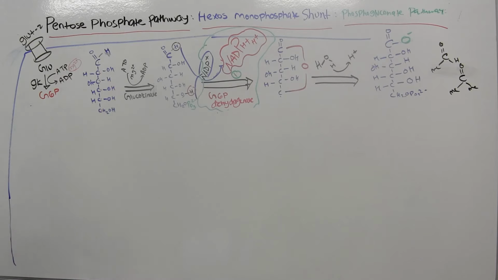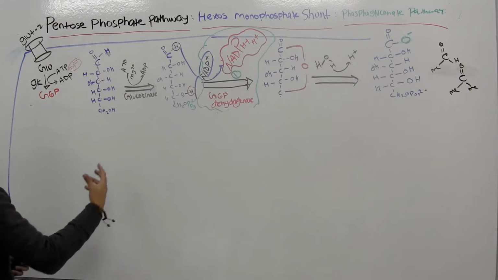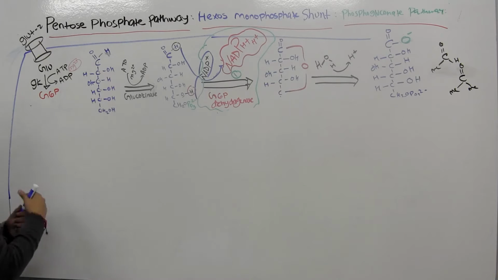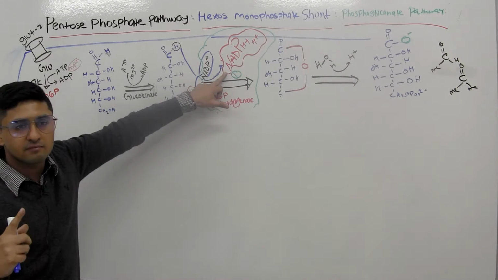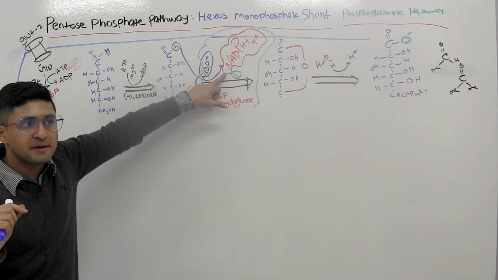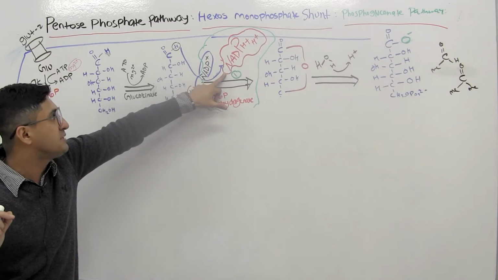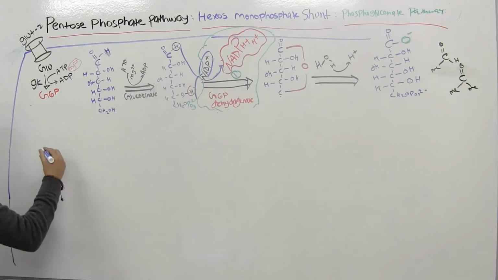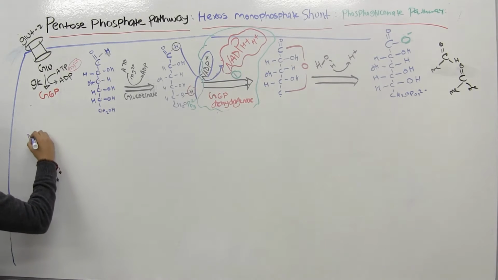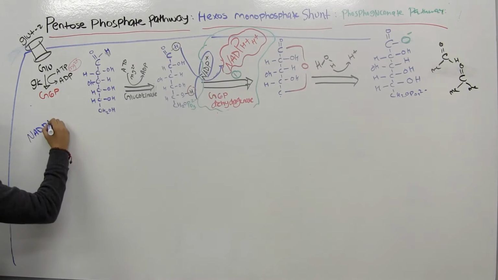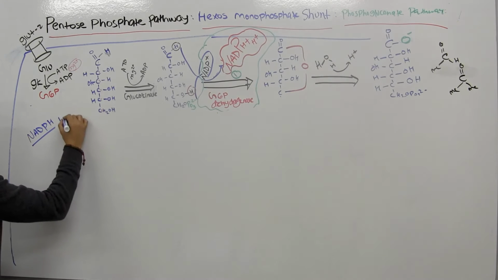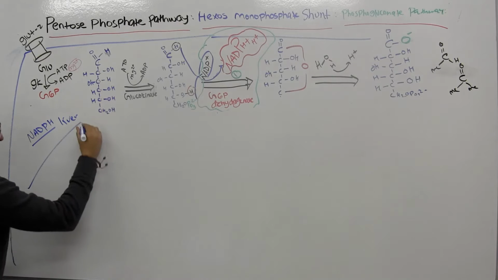Now, if you're in the liver cells, remember, as I said, the role of NADPH is dependent on where it is present. Let's say NADPH is present in liver cells. Let's make a liver cell right here.